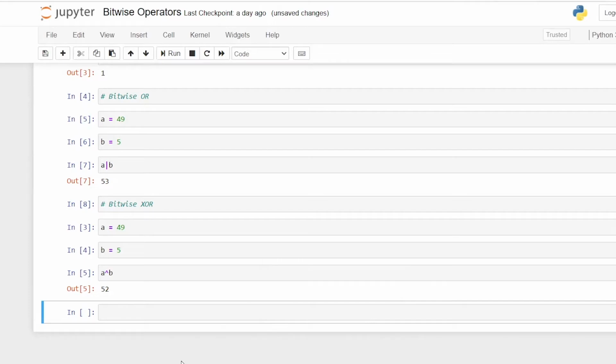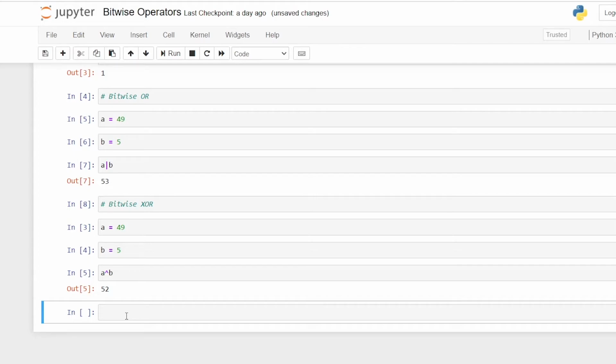Last time we looked at the XOR operator, where we took the first variable a as 49 and b as 5, and we retrieved the output 52. The next operator we will be looking at is the NOT operator. A NOT operator uses a unary operand, which contains only one operand.